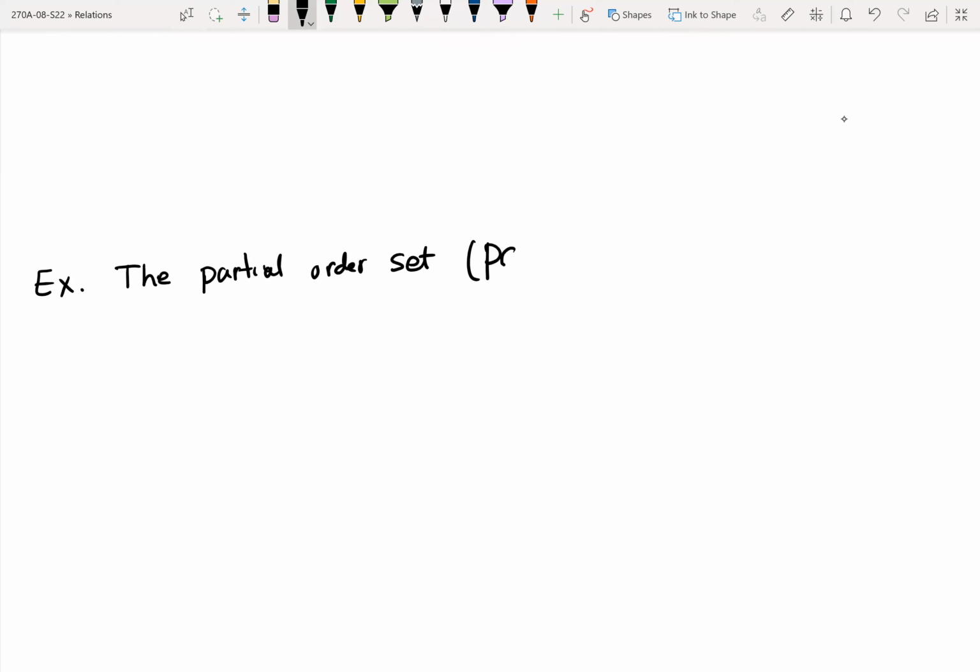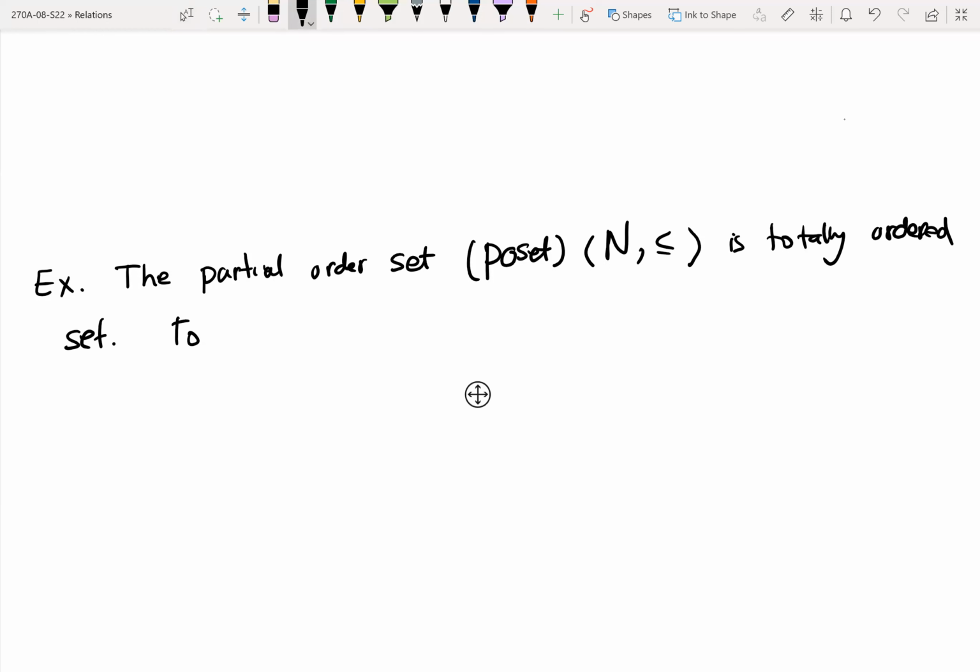Briefly, we call it PO or POSET, okay? This is the set of natural numbers with less than or equal to. This is a totally ordered set. And then the subset I have is 1, 5, 25, and 125.